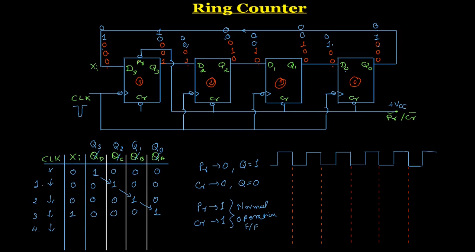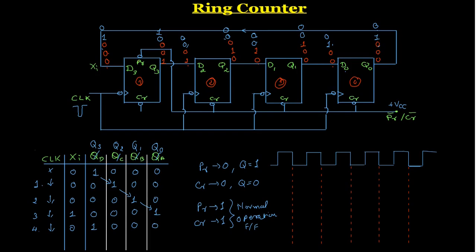So xi is going to be 0. If we see, Q3 is high, Q2 is 0, Q1 is also 0 and Q0 is also 0.